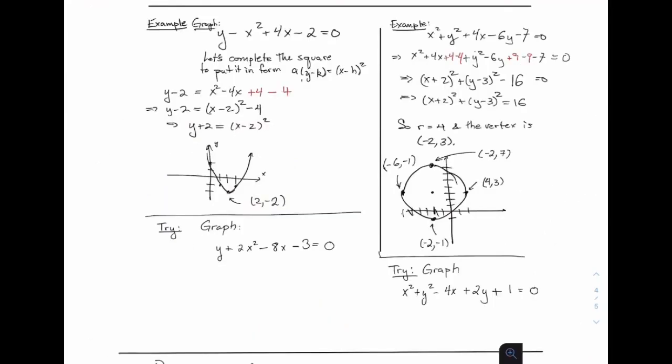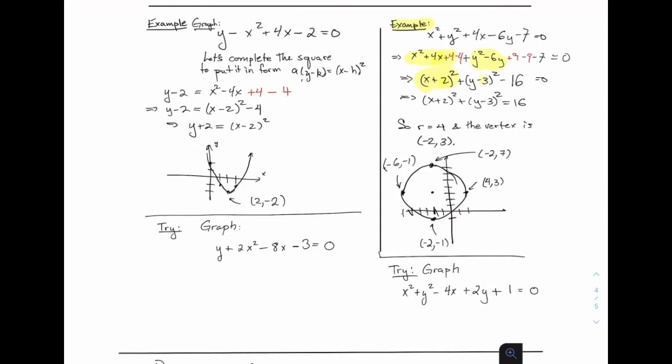So now we would consider the circle. This is also in an unfamiliar form. So we're going to use the idea of completing the square again. So we collect the x's, we collect the y's, so that's just a rearrangement of the terms. We complete the square, so we identify the 2, we add and subtract 4, so that x squared plus 4x plus 4 is equal to x plus 2 squared.